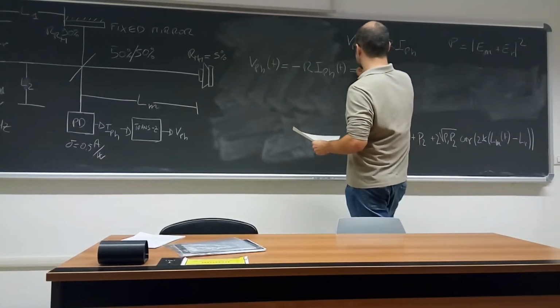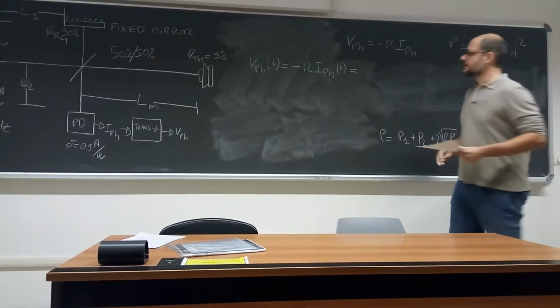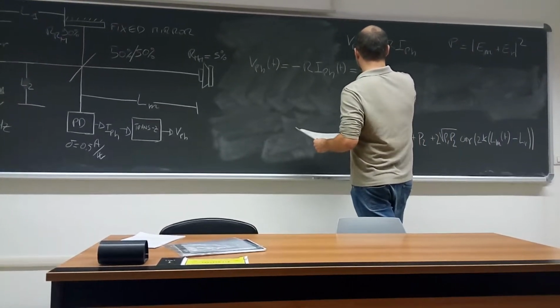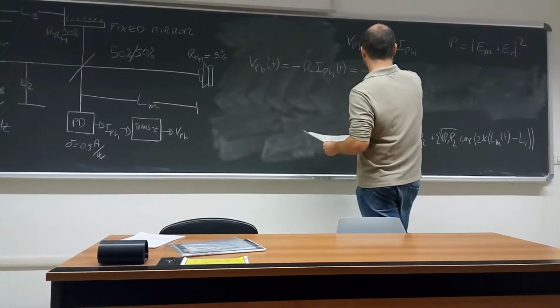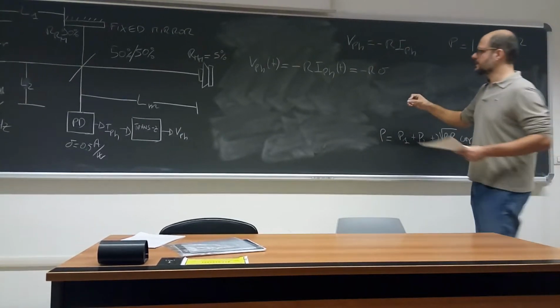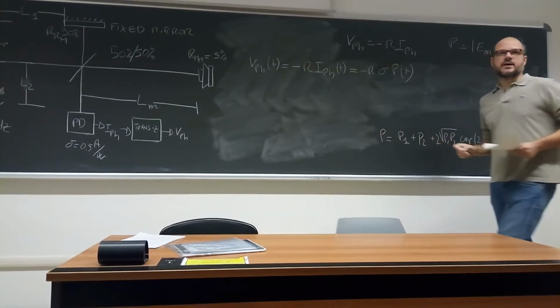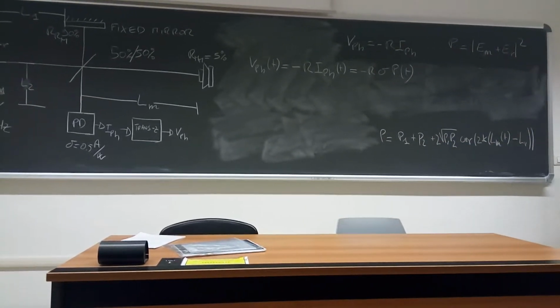Since the photodetected current is related to the power, then you have minus R, then sigma, that is the responsivity of the photodiode, multiplied by the instantaneous optical power. Okay?